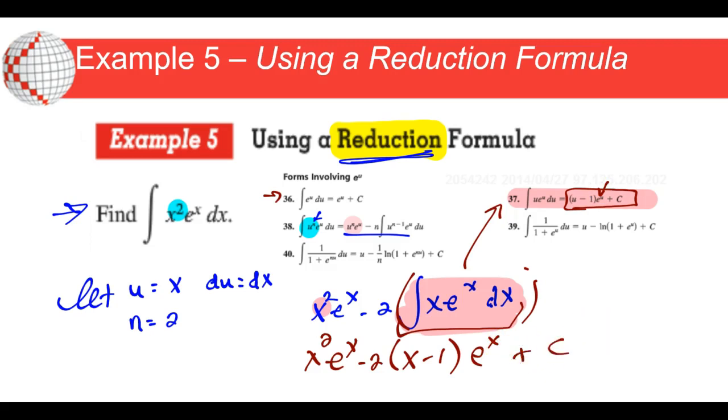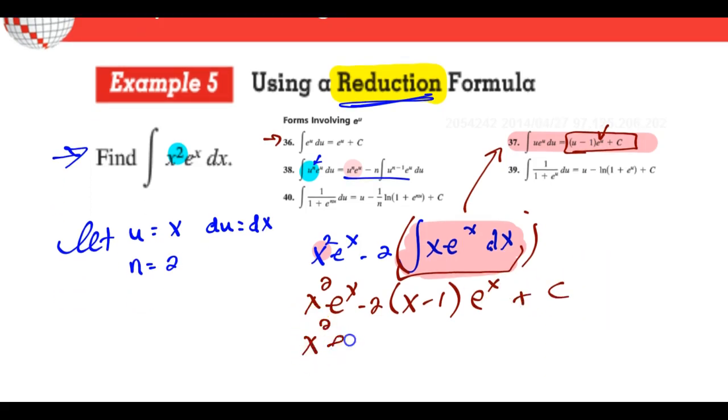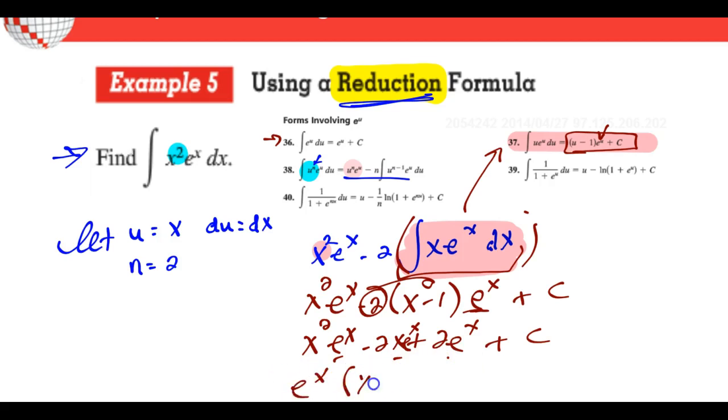And then maybe I'll clean this up a little bit. I'll just distribute this -2 throughout. Plus 2 e to the x. Now everything has an e to the x in here, so why don't we factor out an e to the x? So I've got x squared minus 2x. We like things in factored form because it cleans things up and it's easier to find roots.